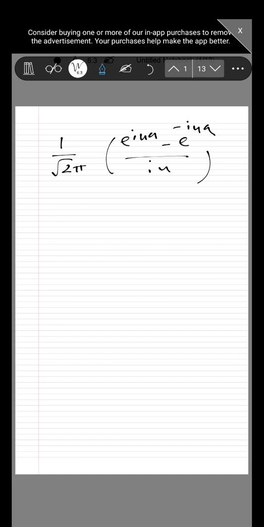So it is simply root 2 by pi, sine ua by u, where u is not equal to 0.